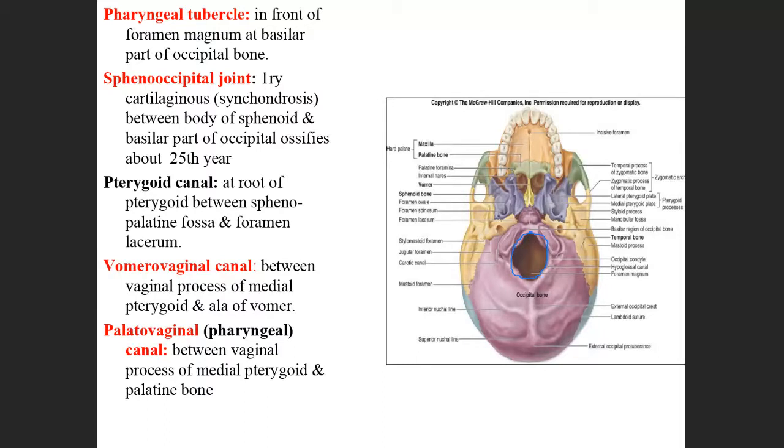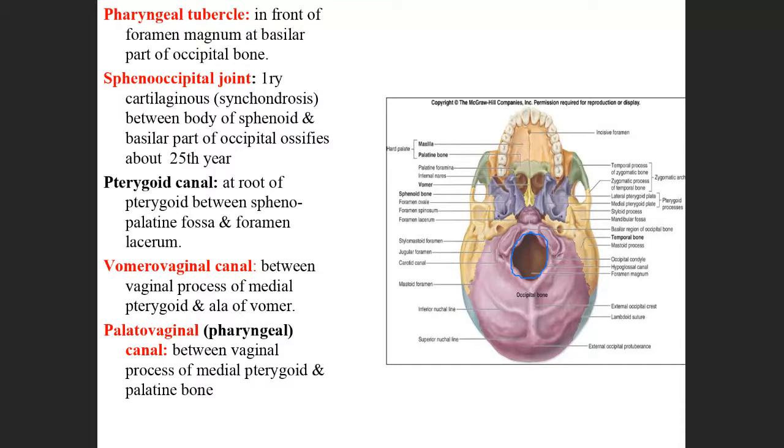It is present here, and in front of the foramen magnum you have the pharyngeal tubercle. And then the spheno-occipital joint. Don't worry about this, leave this one.